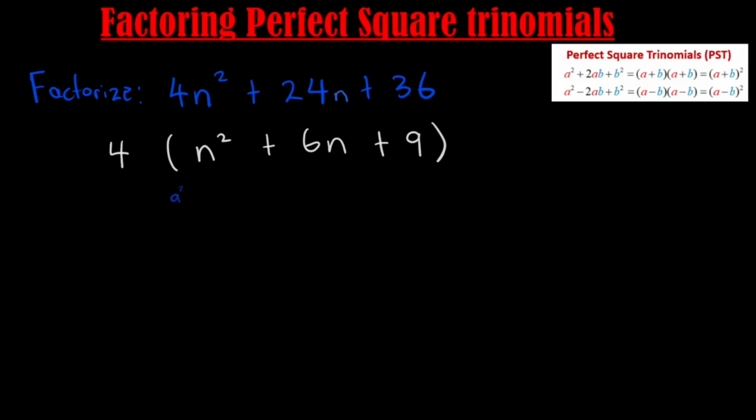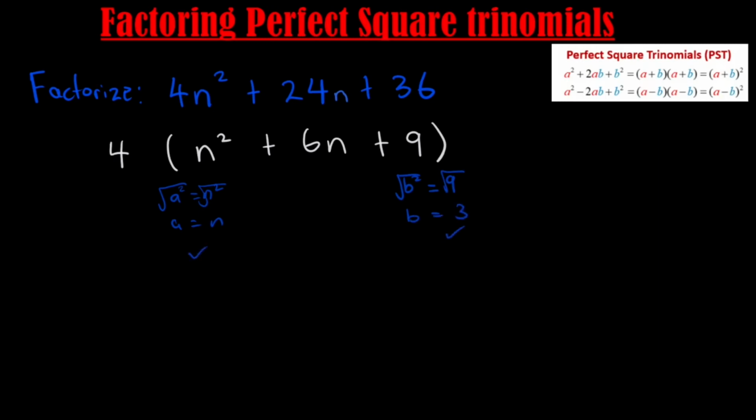So now we're going to investigate. a squared is equal to n squared, and when we find the square root, we see that a is equal to n. Our last term, which would be b squared, is equal to 9. When we find the square root, we see that b is 3, so that is also a perfect square.